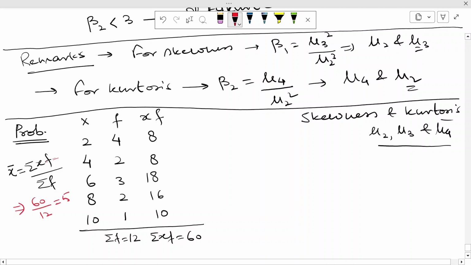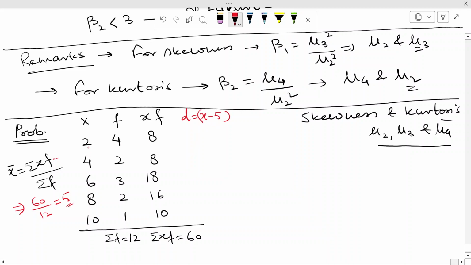Now we will calculate the deviations, because we need central moments, and in order to get these central moments we have to take the deviation from the exact mean, which is 5. We have just calculated it.